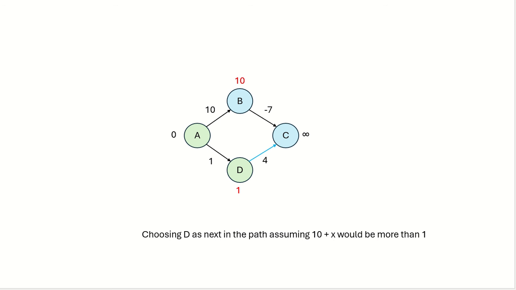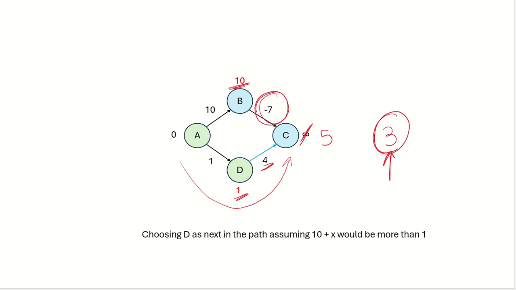Now we check what are the direct edges. There is a direct edge to C. So 1 plus 4 is less than infinite, so this becomes 5. Now let's say instead of choosing D, if we had chosen B, then 10 minus 7 would have given us 3, which would have been the shortest distance to C from A. But because of Dijkstra's algorithm and this negative weight, the decision of choosing D altered our decision.